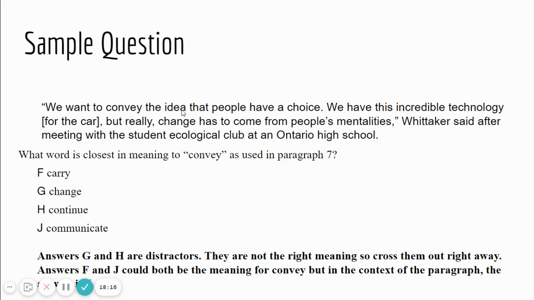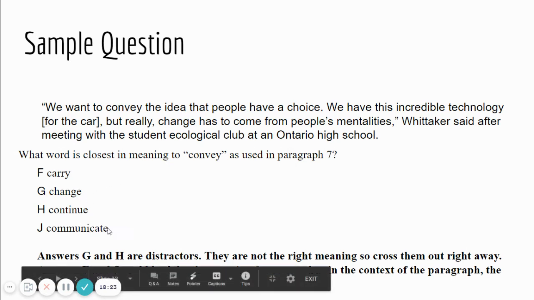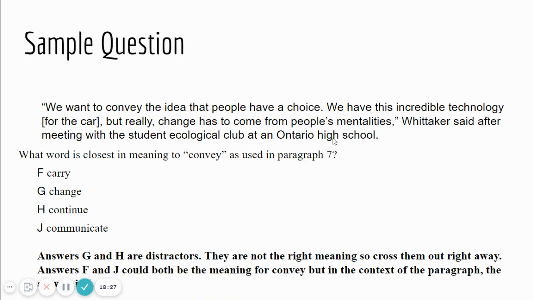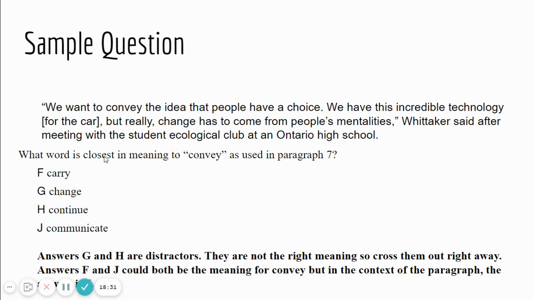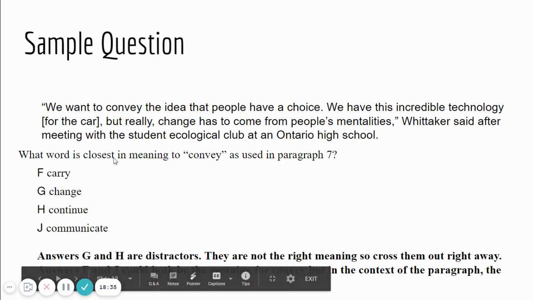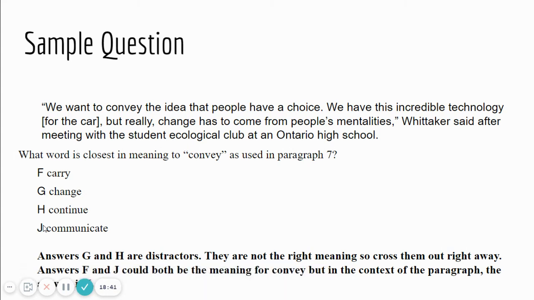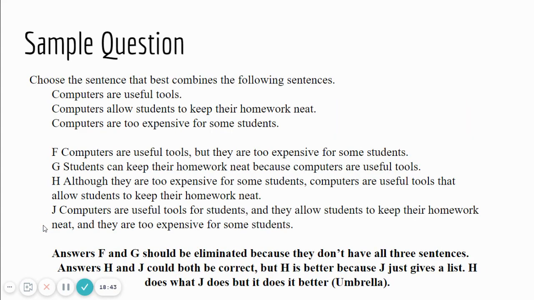When I put it in the sentence, that makes sense. So I've got it down to G and J. Okay. So what I'm going to do is pick the best answer, what's the closest in meaning. The one that makes the most sense when I put it in the sentence is J. So we're going to communicate the idea that people have a choice.